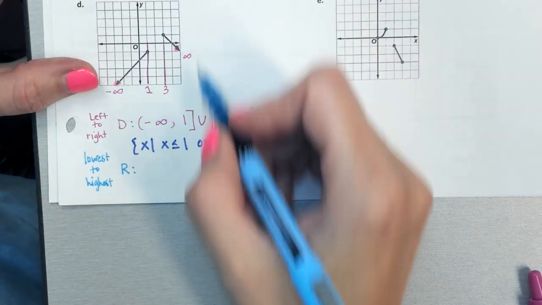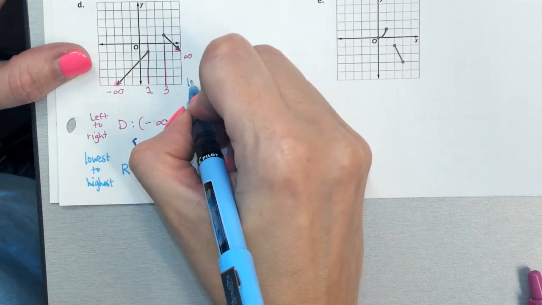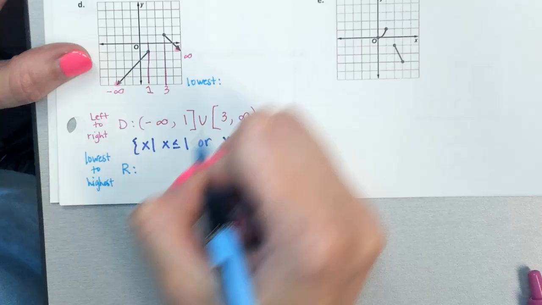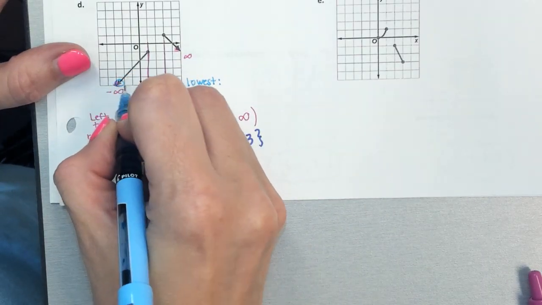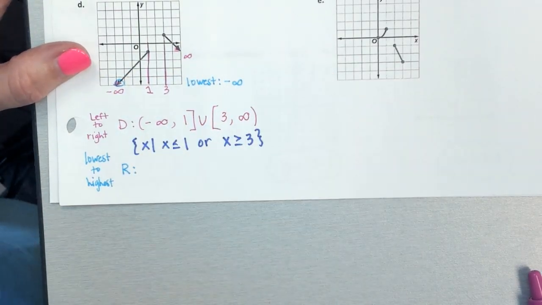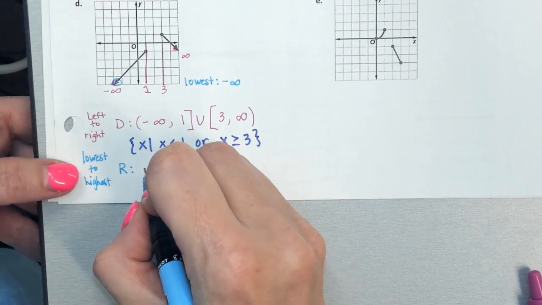Okay, so now we're looking up and down. What is the lowest value? Negative infinity. So this down arrow is telling us it is negative infinity. Okay, and that is going to be the first part.